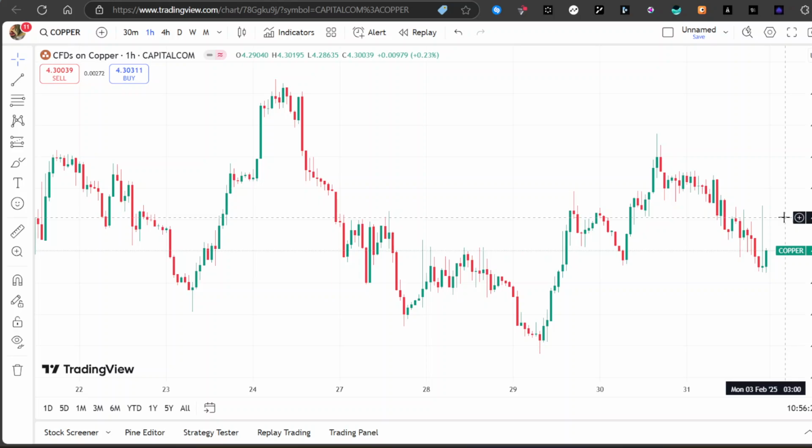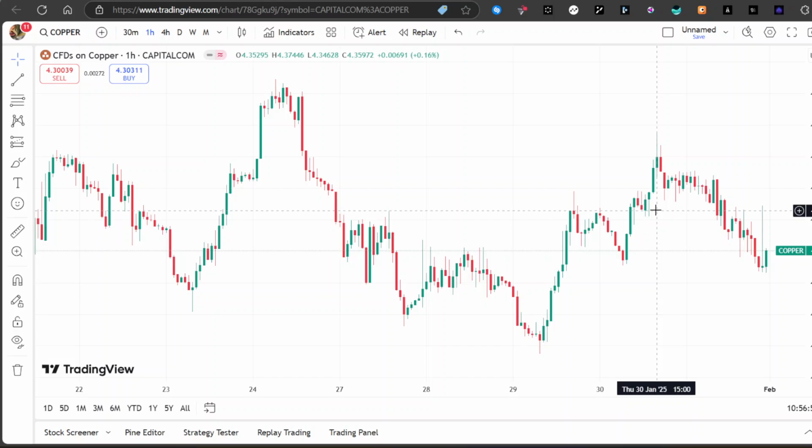First of all, let's quickly talk about the fundamentals. Understanding the basics of copper trading strategy means recognizing the factors that affect copper prices. Supply and demand dynamics play a huge role here. For instance, a surge in manufacturing activity, especially in industries like electronics or construction, can increase the demand for copper.